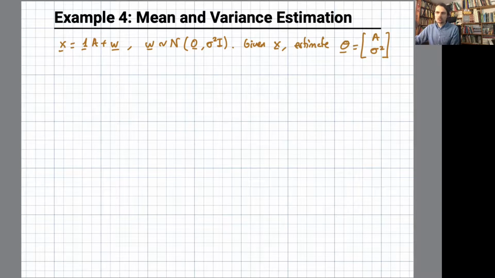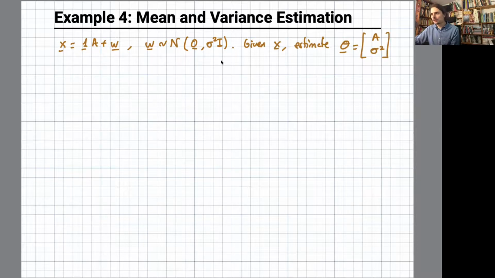Now, as promised, we will look at the case where we want to estimate both the variance and the mean simultaneously, right? So none of them are given, as opposed to the previous examples, okay?